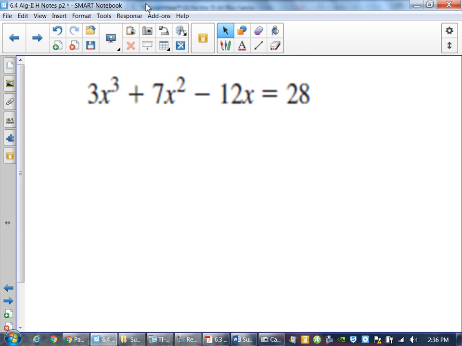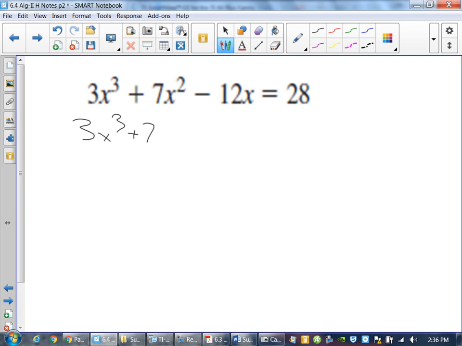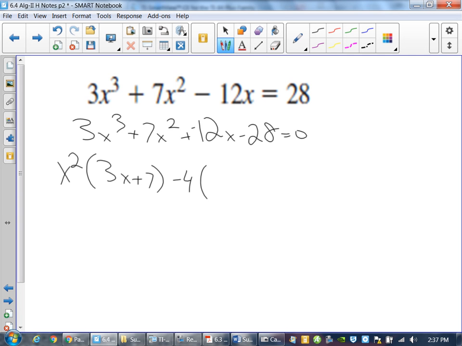When you guys grouped this one, so you have an x squared, 3x plus 7. Take out the, was that -4? 3x plus 7 gives you x squared minus 4 times 3x plus 7.